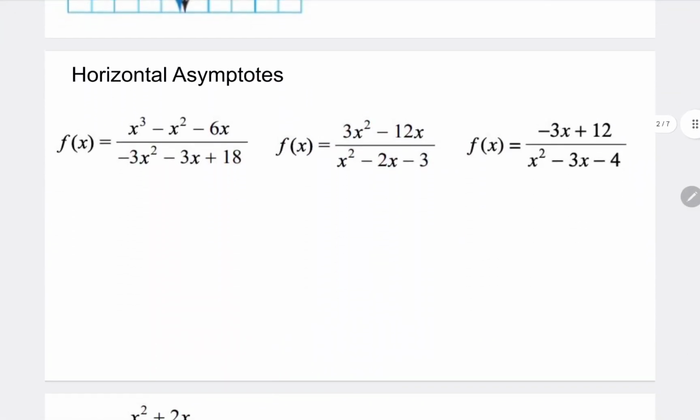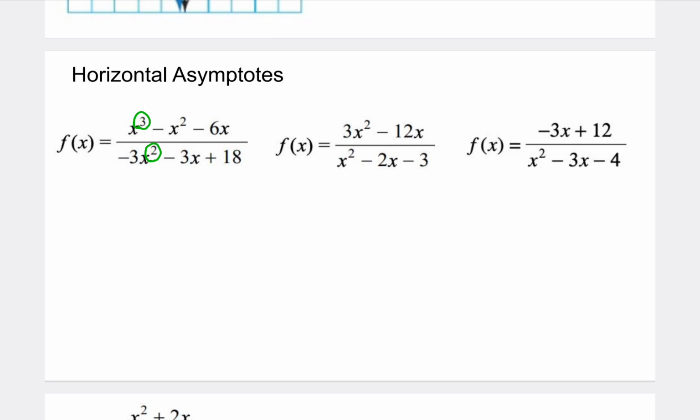So let's start with horizontal asymptotes because it's pretty easy once you get the hang of it. To figure out where the horizontal asymptote of a rational function is, you're going to be looking at the degree in the numerator and the degree in the denominator. When I say degree, I'm talking about the exponent in the numerator and the exponent in the denominator.